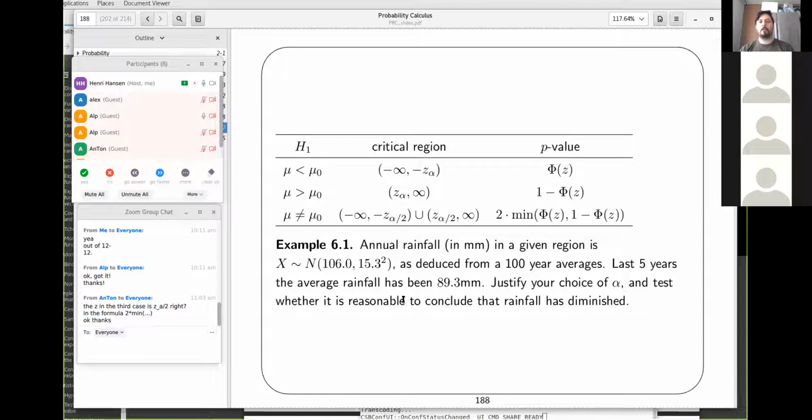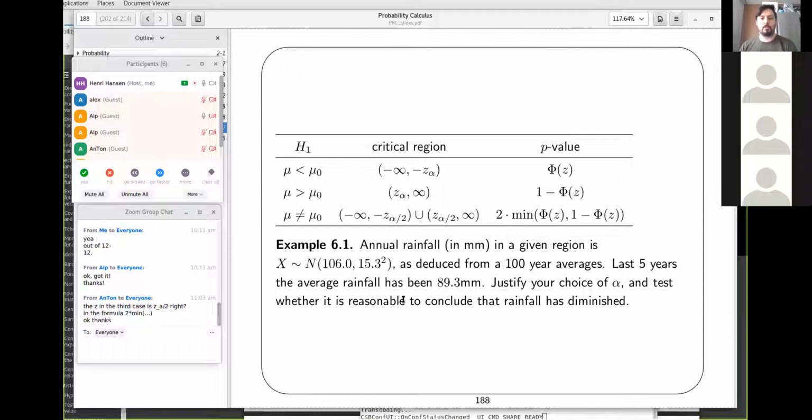The 5-year average rainfall is 89.3 millimeters on average. So that's small, okay? That's your 5 years. Our N is 5, so let's choose alpha to be 0.05. That's 1 in 20. Our N is 5, not a very big N, right? That's the last 5 years' average rainfall.